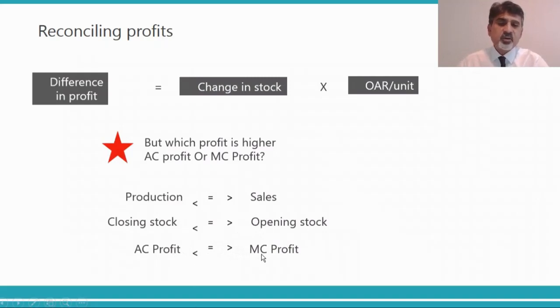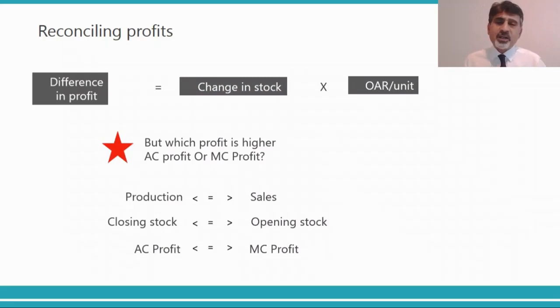The last scenario is if production is less than sales, which means you produced less but sold more. How did you sell more? Because you had some inventory from the last year. For example, I have an opening inventory of 500 units, and then I produced 1000 units. So now I have 1500 units available, and I sold 1200 units.